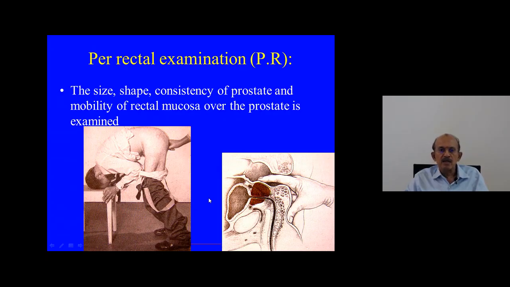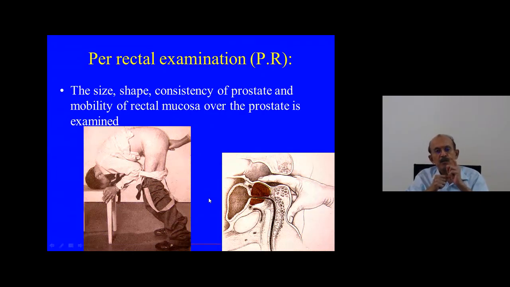And we have seen in the anatomy that the posterior lobe is prone to develop carcinoma of the prostate. So if the enlargement of the prostate gland is because of carcinoma, then the whole posterior lobe gets enlarged, so then there is no median groove. In any enlargement of the prostate, you must always look for the presence of the median groove.